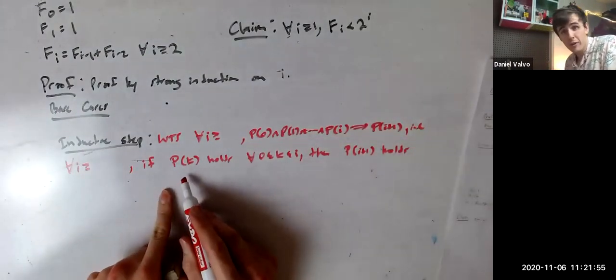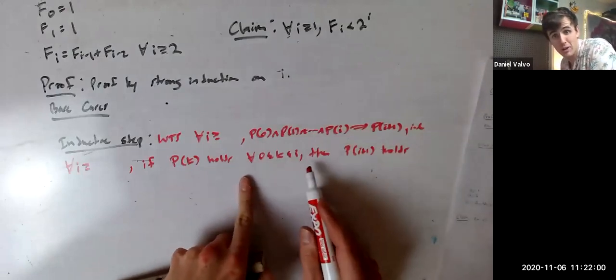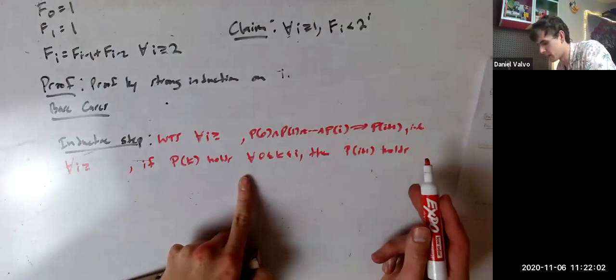So if our claim holds for everything from 0 to i, it's going to hold for i+1.